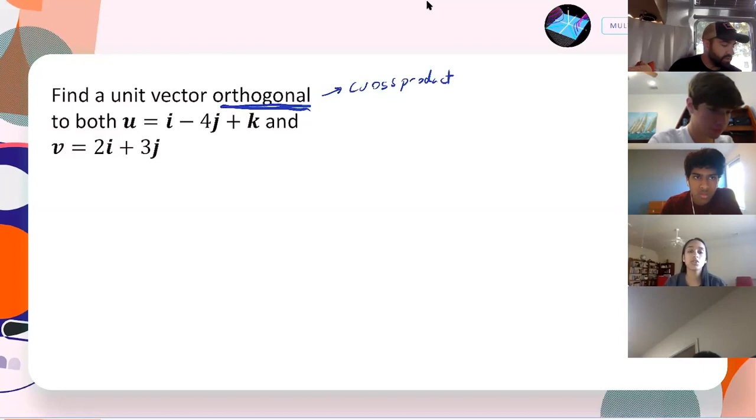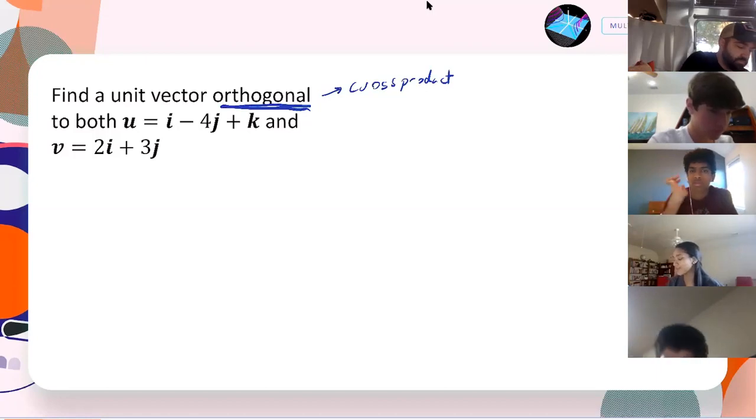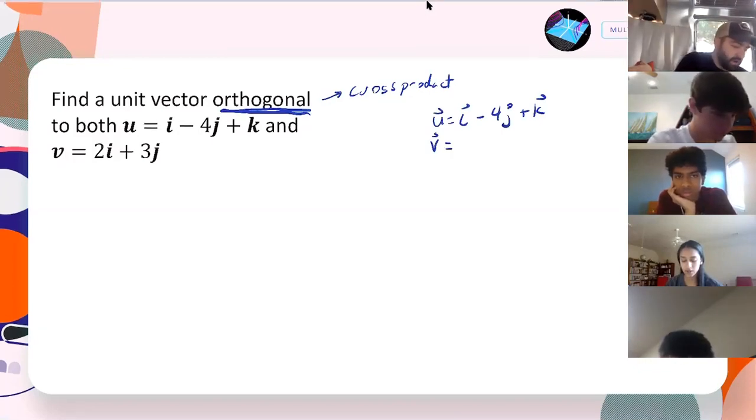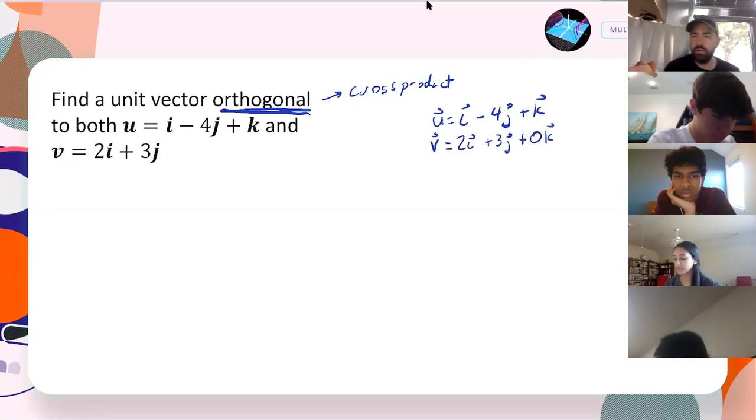The way I usually do that is I just take u and then I write u and v one over the other. So I'm going to write v down here. It's 2i plus 3j. Since it doesn't have a k, that's implying k is 0. Okay, in 3 dimensions, a 2-dimensional vector just has 0 as the other component.